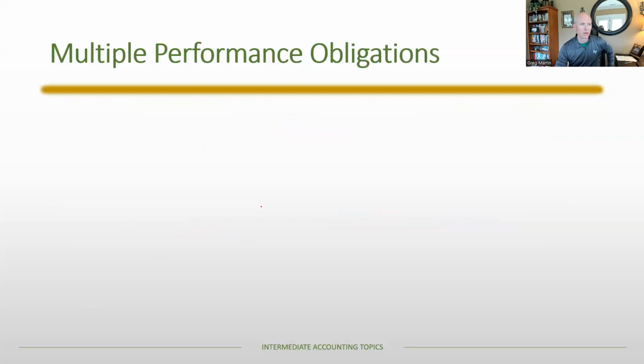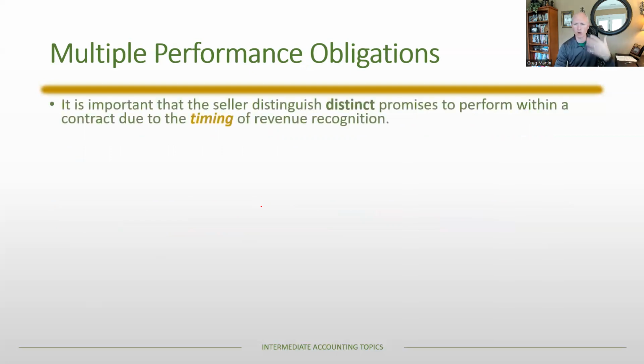All right, so the question is, how do I know if I have one performance obligation or if I have multiple performance obligations? How do I make this distinction? Again, we're trying to get core concepts out of the way. If you have distinct performance obligations, then it could affect the timing of revenue recognition.